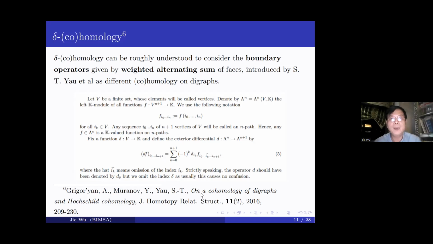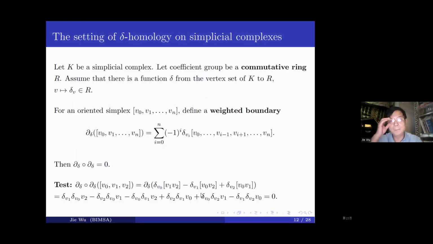Here is an example. You look at the simplex with vertices labeled V0, V1 up to Vn, and the usual boundary operator: you remove a vertex Vi, so the simplex drops dimension by 1, and then take the alternating sum.